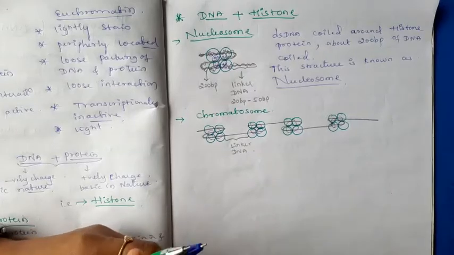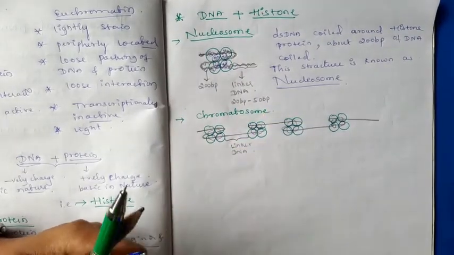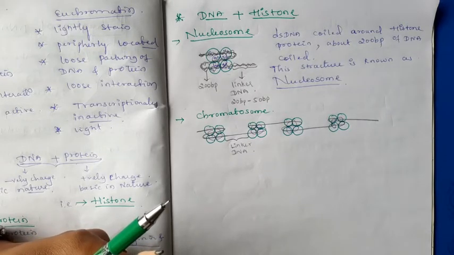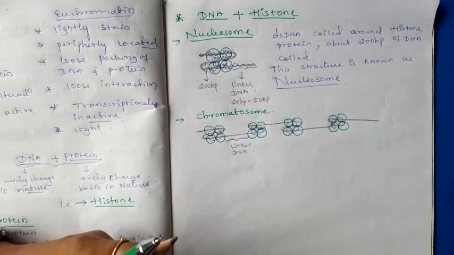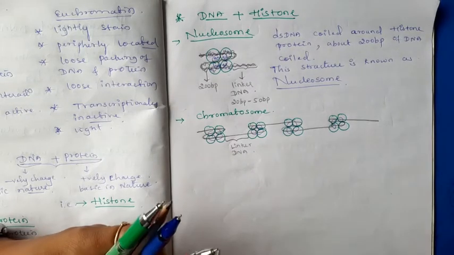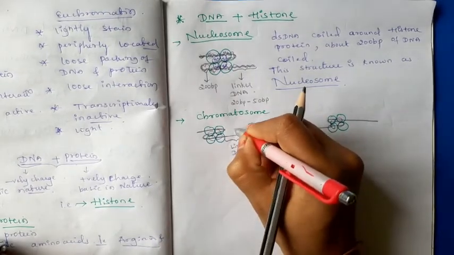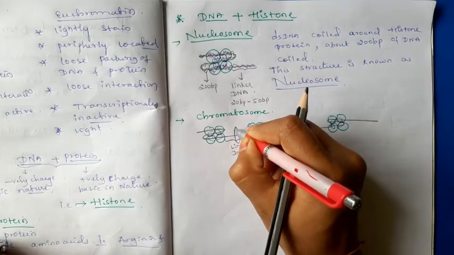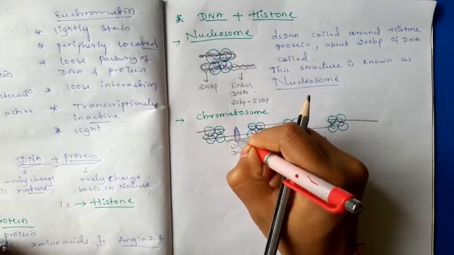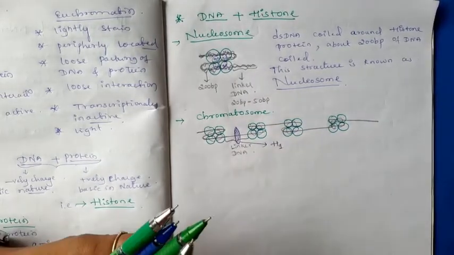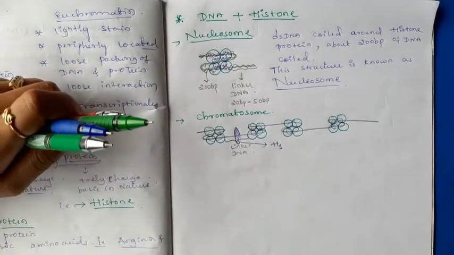The linker DNA is protected by another part of the histone, that is the H1 subunit of histone.